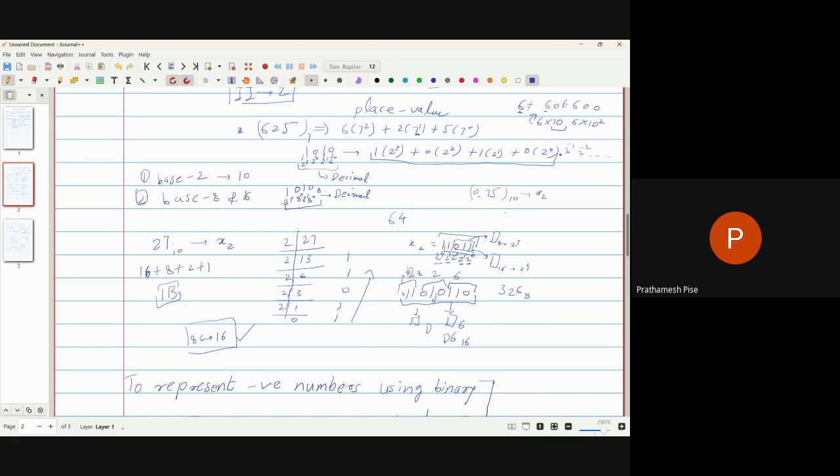How will we do it? We'll multiply this fraction with 2. What is double of 0.75? It is 1.5. So we'll take the 0.5 and we'll write just the 1, like this, 0.1.